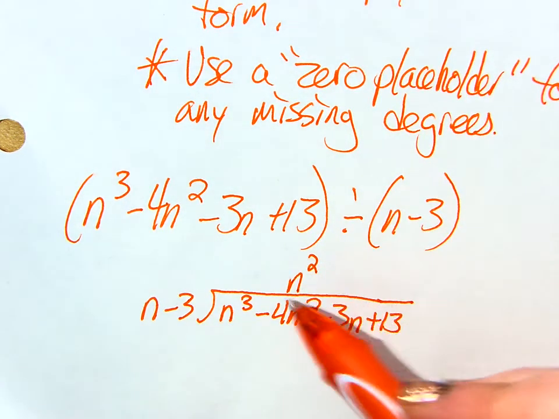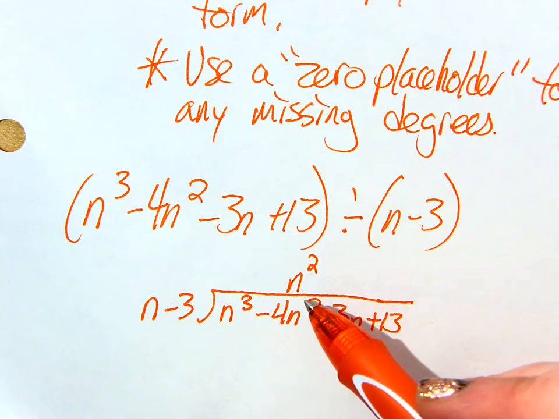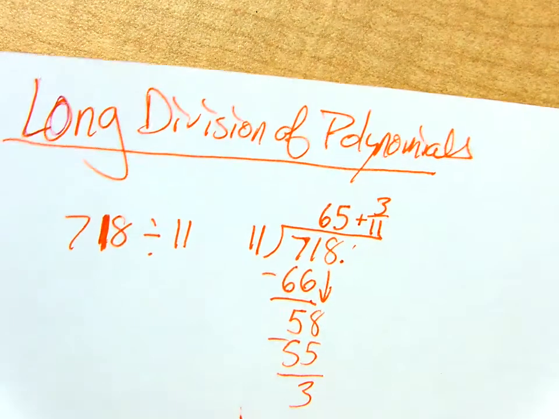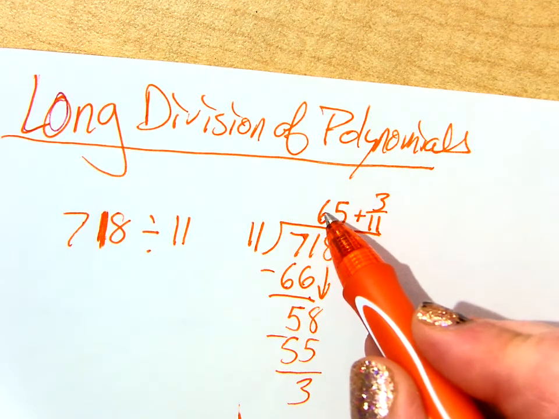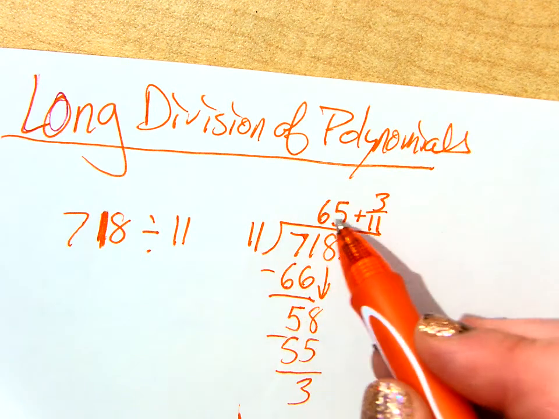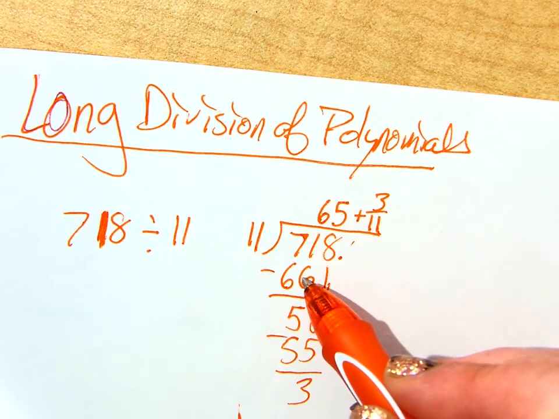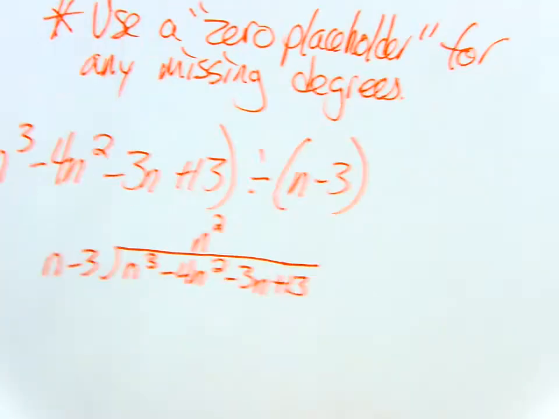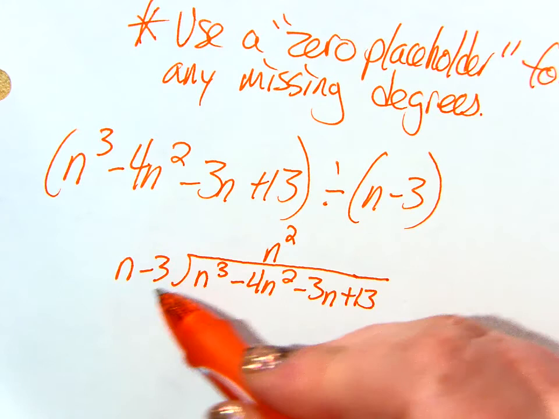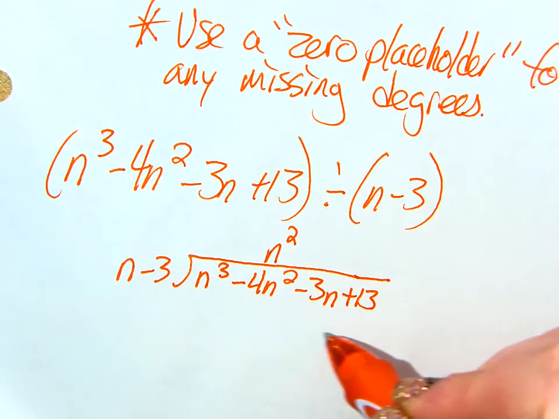So once I have the number on top, what do you do with it? Remember, with just numbers, once I figured out it was a 6, what did I do with that 6? You've got to multiply first, right? I did 6 times 11, got 66, and then I subtracted. I'm doing the exact same thing. I'm going to do n squared times the whole thing out here, and write it underneath.